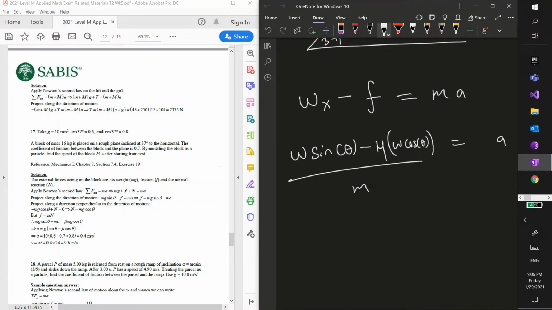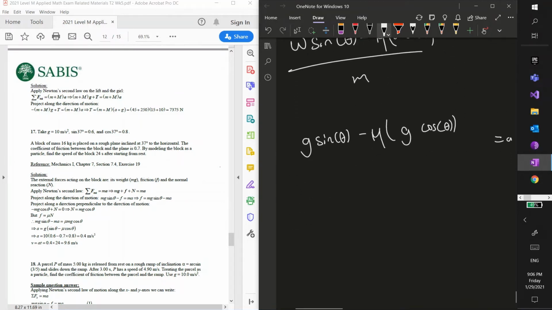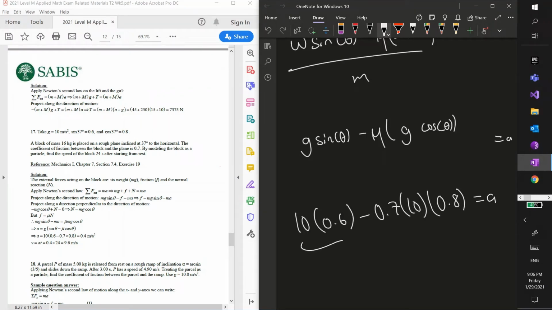So now let's substitute. Your weight is mg sine theta minus mu times weight, which is mg cosine theta, over your mass, and that's your acceleration. Mass cancels out, and that's your acceleration. So now let's just substitute numbers. 10 into sine, which is 0.6 given, minus mu, which is 0.7, the coefficient of friction, g is 10, cosine is 0.8, also given, and that's your acceleration.